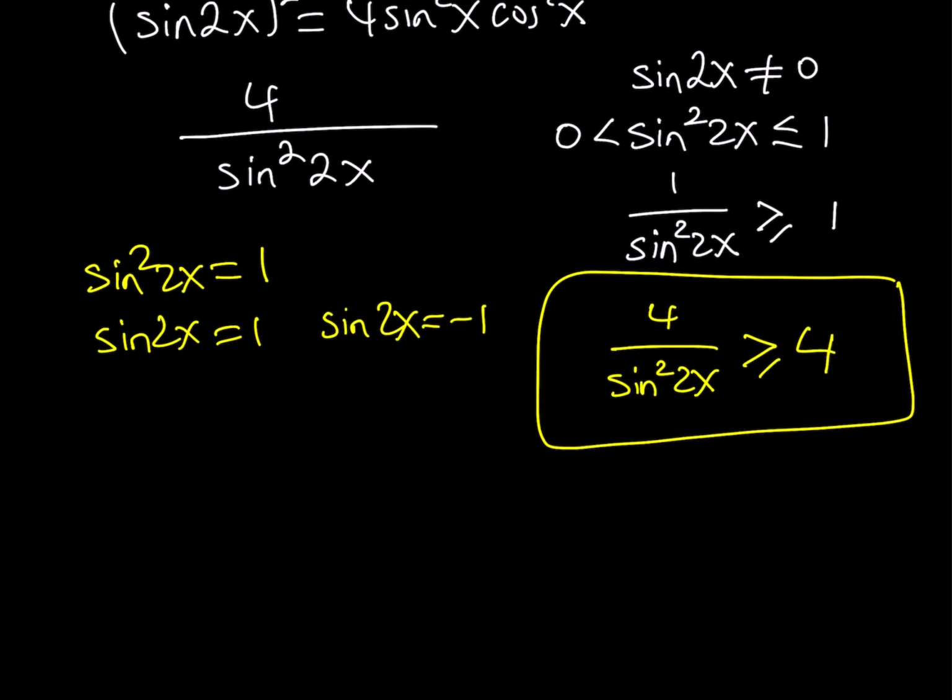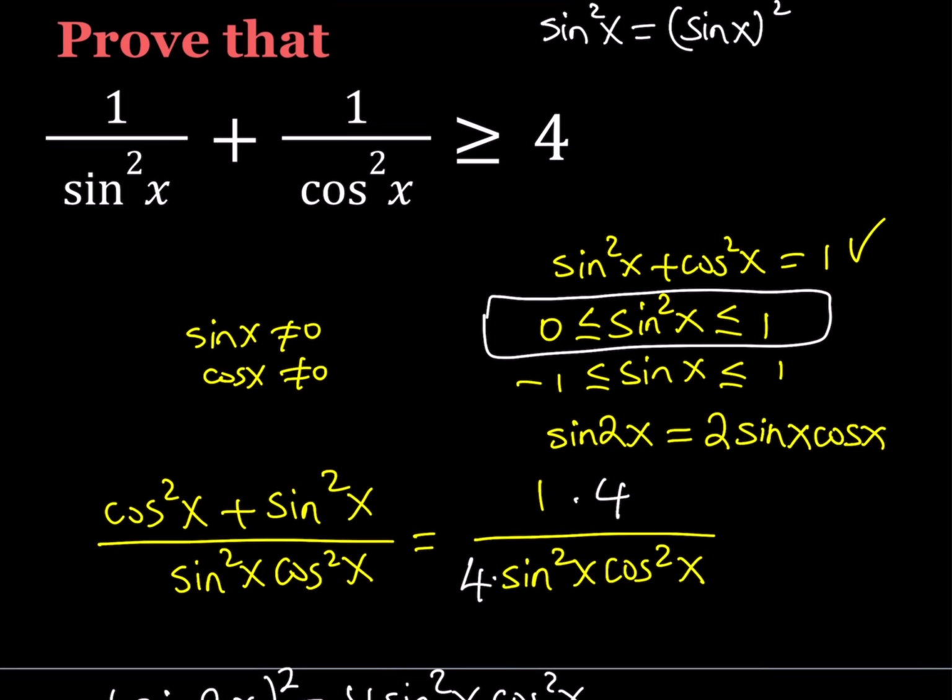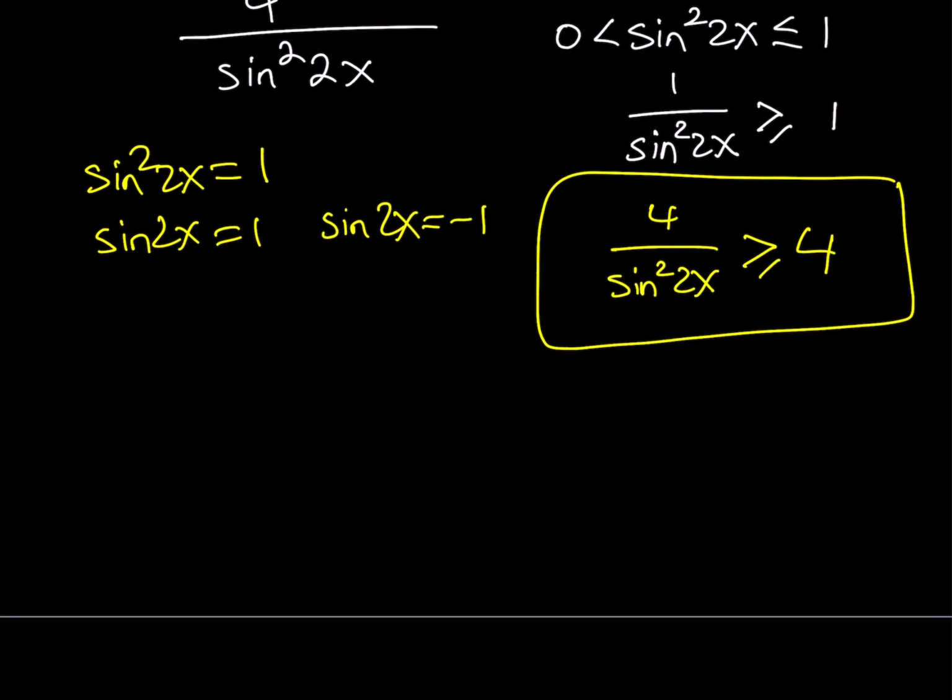Now, here's another thing to consider. We kind of showed that this expression is greater than or equal to 4, but is 4 attainable? Let's go ahead and talk about that. So let's write our original problem. It was 1 over sine squared x plus 1 over cosine squared x. Usually with proofs of inequalities, if the values are equal to each other, that's when we usually get the equality, most of the time, I should say, because of the symmetry.